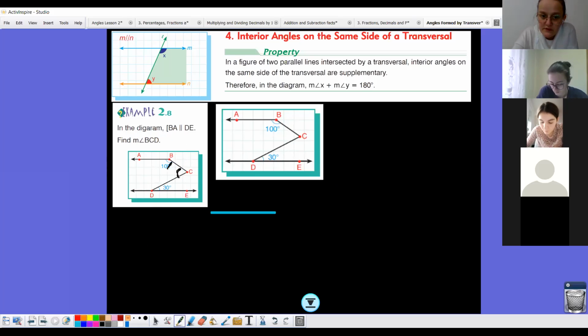This is X. The same figure is given here. One more time. What do you think? How will we find the measure of this angle? Do you have any opinion for this?